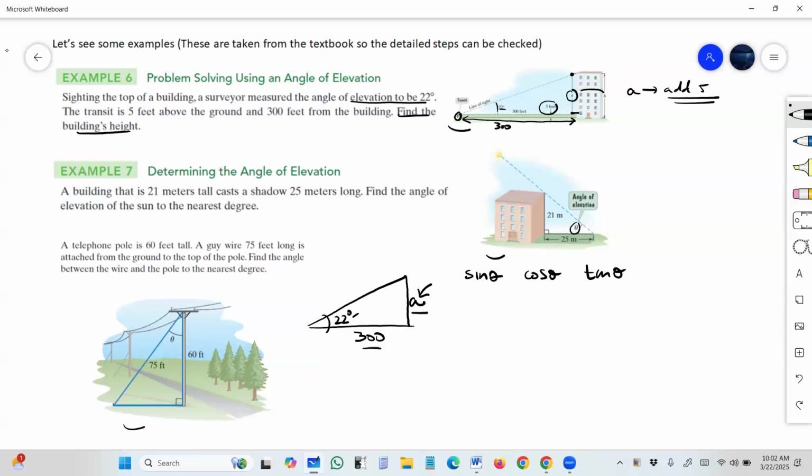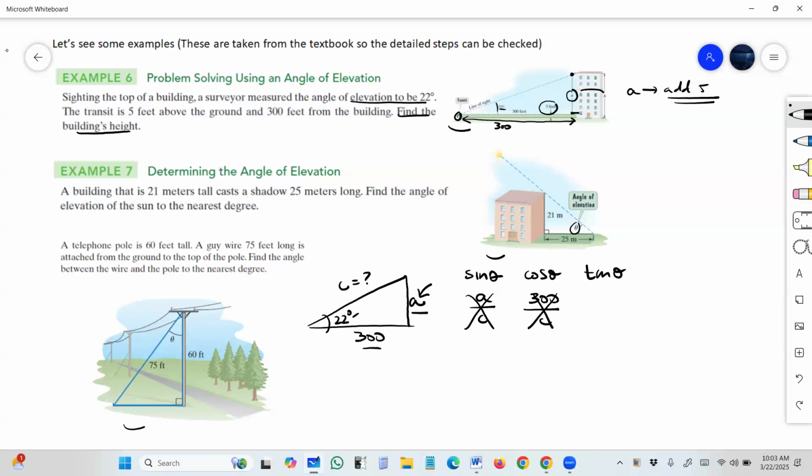Well, now let's see. Sine is, what is the definition again? Opposite over hypotenuse. And I don't have the hypotenuse, so I can't use sine. How about cosine? Cosine is adjacent, which I do have, over hypotenuse. I don't know if I can use that.